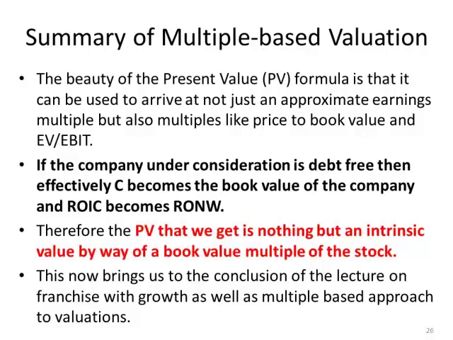And the key thing to know is that we always want to make sure that the assumptions we're making about the company are satisfied or make sense to us whenever we're using any of these methods, right? So if we're using the PV formula to come up with the ideal PE ratio, or price to book, for example, or EV over EBIT, we want to make sure that the assumptions that we've made for using the present value formula are satisfied, right?